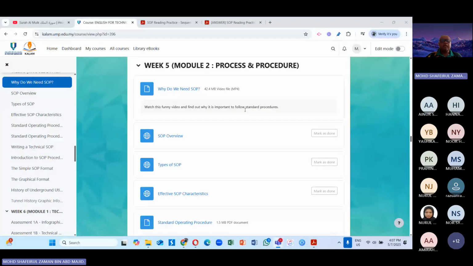Okay, all right. So we started about this beginning from week 5, which is on our second module, process and procedure. All right. And then all of the contents for the second module, process and procedure, have been uploaded way earlier, because initially this module is supposed to be SBL mode, and this week is also SBL mode.